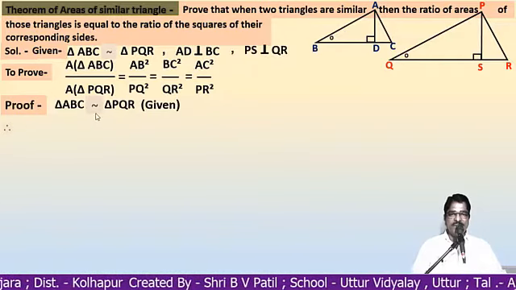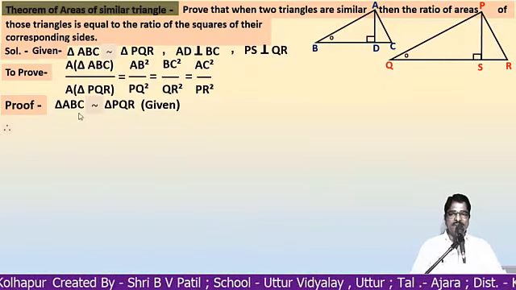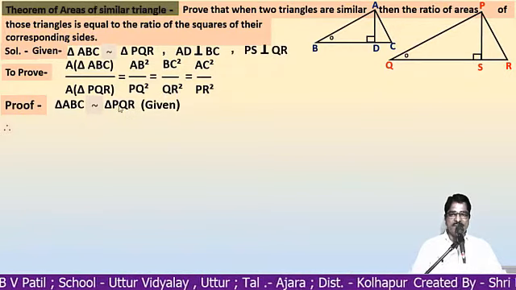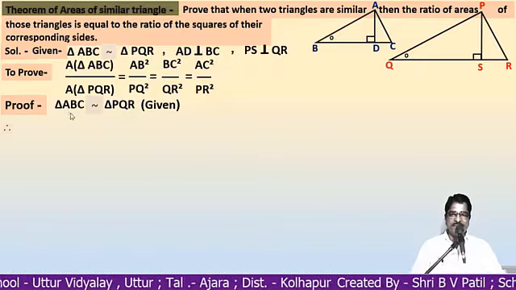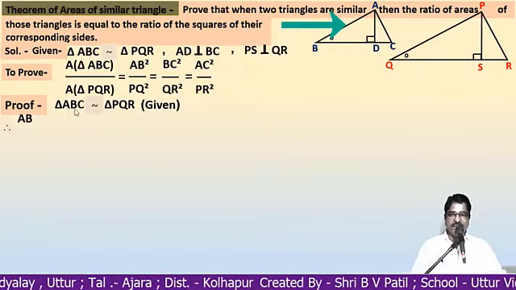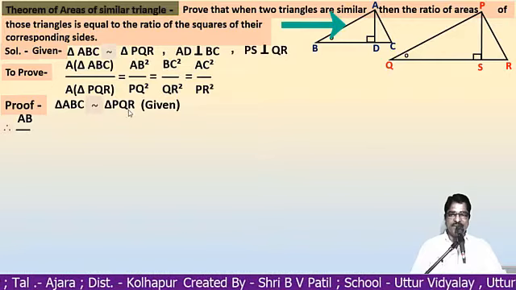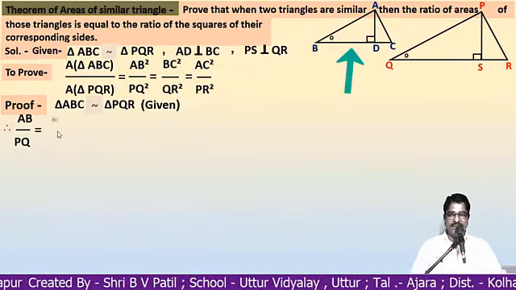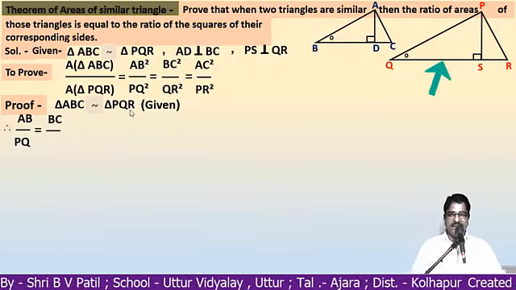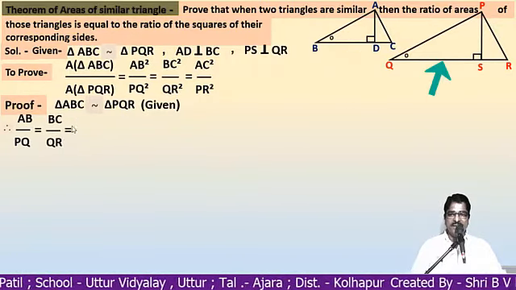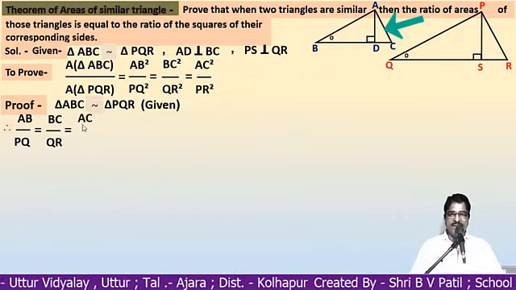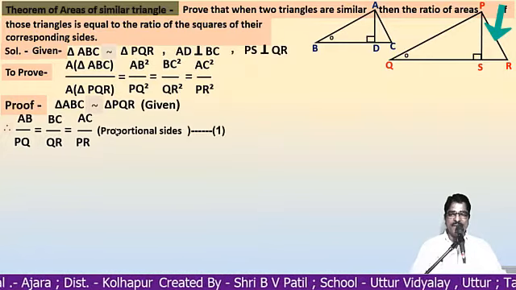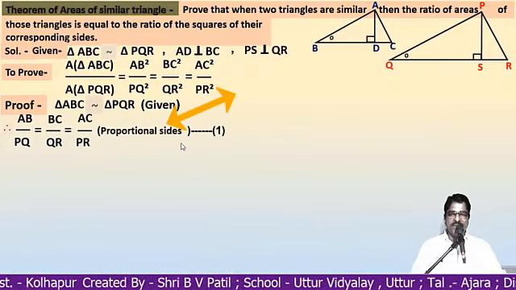Therefore, what do we write as conclusion? That is conclusion about sides: corresponding sides are proportional, means first and second point is AB divided by first and second point is PQ is equal to second and third BC divided by second and third is QR is equal to first and third is AC divided by first and third is PR, and the reason is proportional sides.